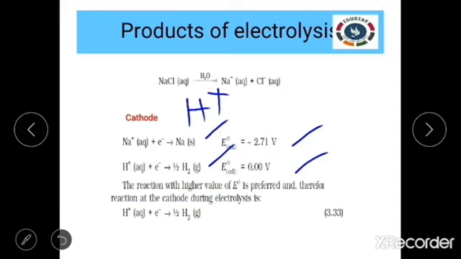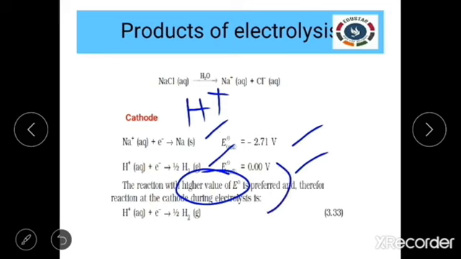At the cathode, we always prefer the higher value. For the cathode, the higher value of electrode potential is preferred. Already we have seen in the previous video, the one which has higher electrode potential tends to occur at the cathode. So normally here the hydrogen reaction will act as the cathodic reaction.